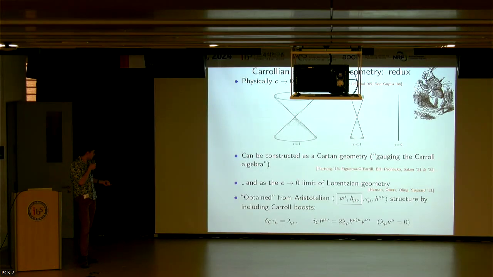And for our purposes, we can view it as being obtained from our Aristotelian structure that we met before by simply imposing certain transformations that look like this, which are called Carrollian boosts. It only affects the tau and the h with the indices upstairs. So these two guys here are actually invariant under the Carroll boosts, and together they form what's known as a Carrollian structure.